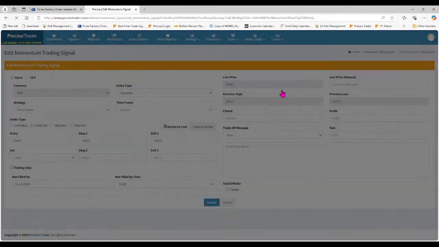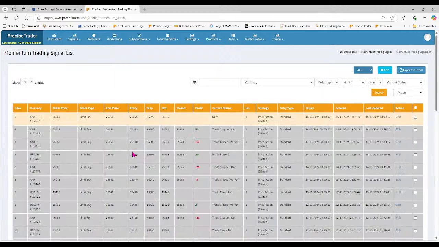Okay, I think we want to go for this trade. So you put in this trade. Okay, let me try to enter this as well.